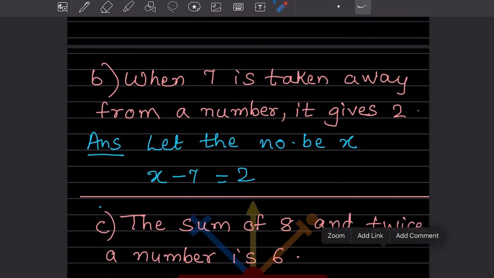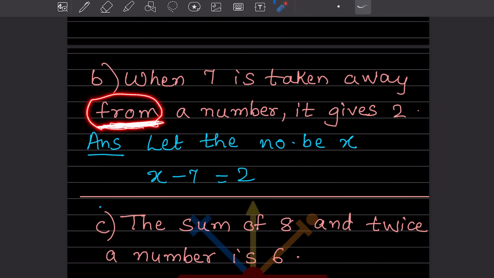Now you look at this one. When 7 is taken away from a number, it gives 2. Again here we don't know what the number is, so let the number be x. Now what did they say? It gives 2. Now again, as I've explained in the previous video also, "from a number": whenever the word "from" is used, whatever comes after it is the number, so that number should be at the start.